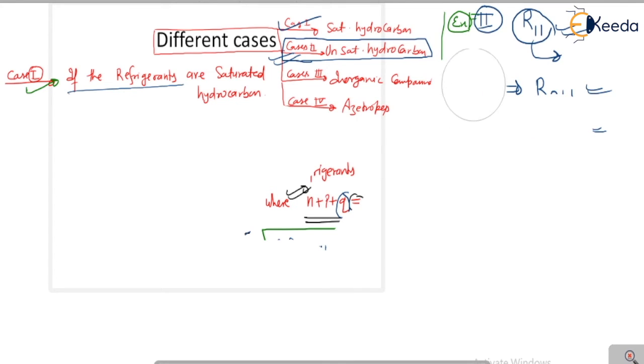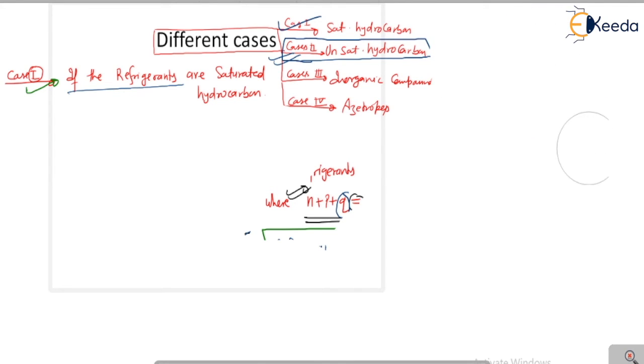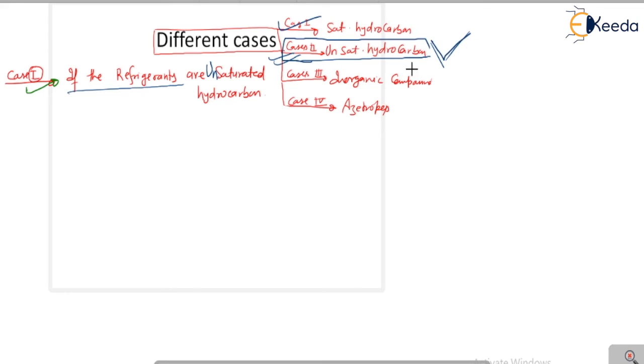Your main heading is now, if our refrigerants are unsaturated hydrocarbons. Okay, so let's move for this second case.